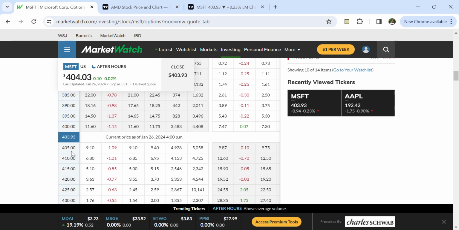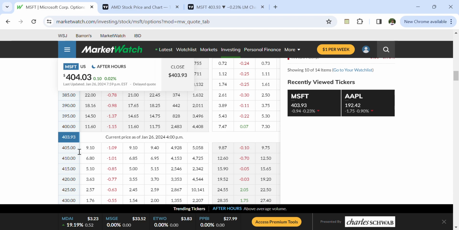On the call side, out of the money means those strikes which have not yet reached 404. If you choose a strike value that is more than the current price, those strikes are out of the money. For a call, if you choose a strike which is less than the current price, that is in the money.